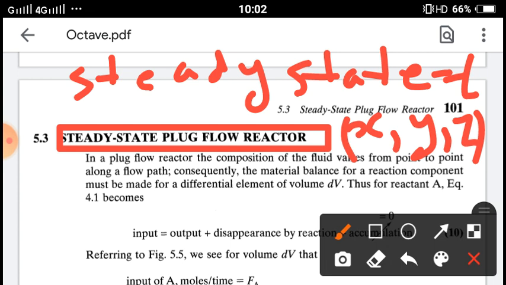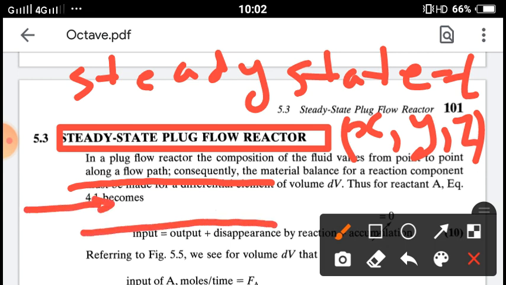In those reactors the parameters are also not changing with respect to coordinates, but in the plug flow reactor they will change with respect to coordinates, because basically a plug flow reactor is nothing but a straight tube in which the reactant is flowing from one place to another, and the concentration will gradually reduce throughout the length.